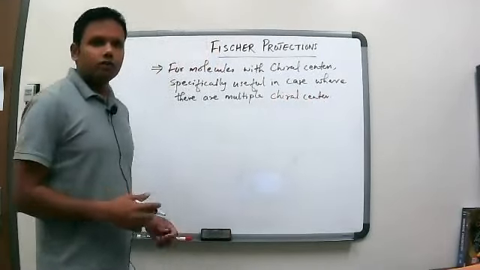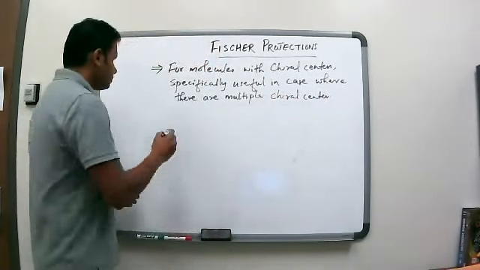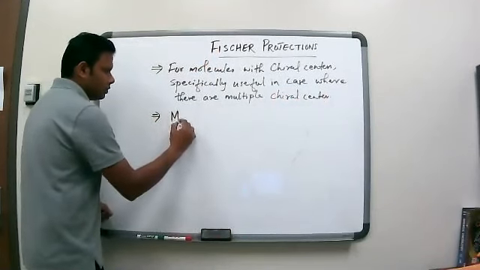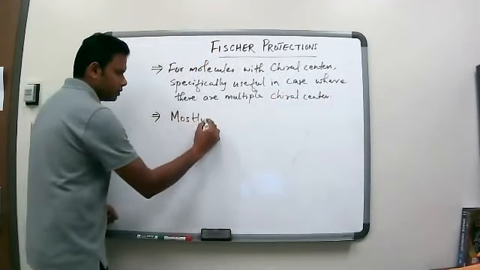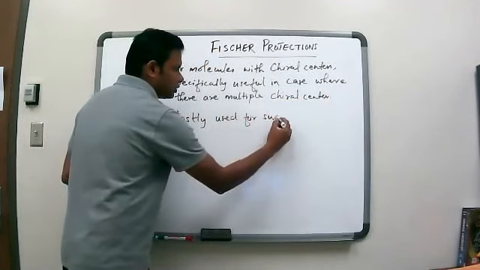So it is very useful when you have multiple chiral centers in a molecule, okay? And this is mostly used for sugars. So mostly used for sugars.